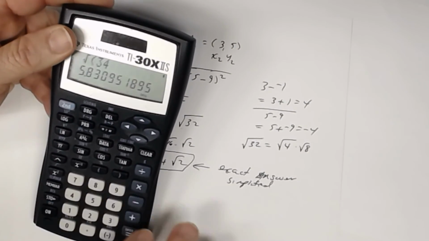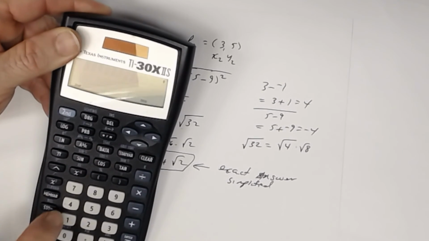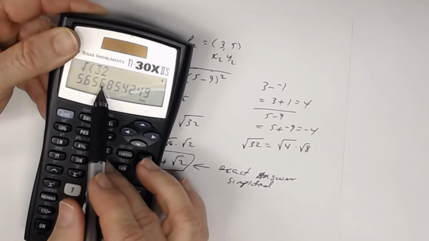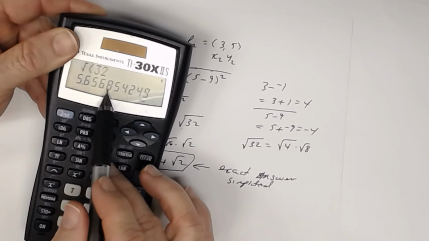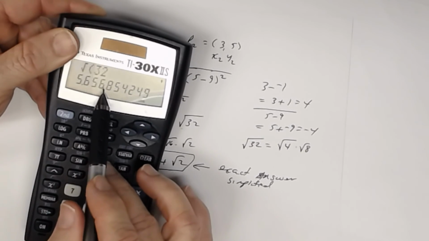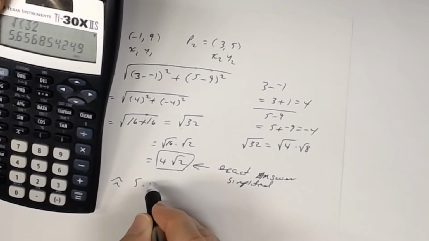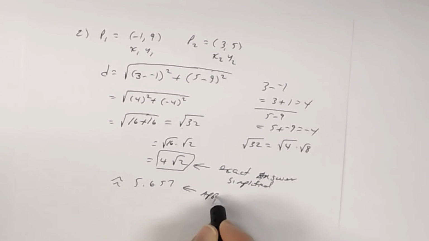So you're going to say square root 32 equals. To 3 decimal places, 6 is in that third place. Since the number after it is 5 or bigger, the 6 becomes 7. So I get approximately equal to 5.657. So there's your approximation.